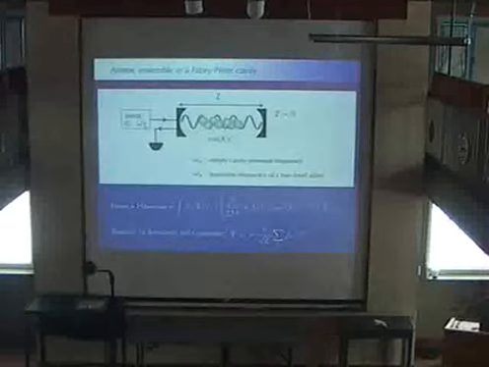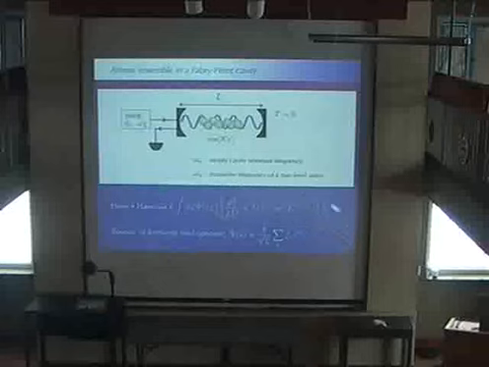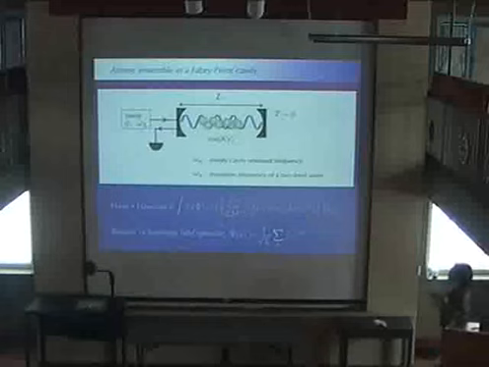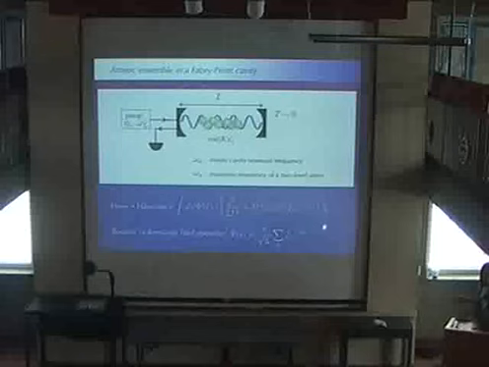So we have many atoms. The Hamiltonian for the atom and atom-field interaction is written in the second quantized form like this. The first term is the kinetic energy, and the second term is the atom-field interaction in the dispersive regime.